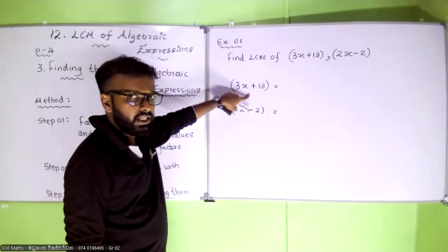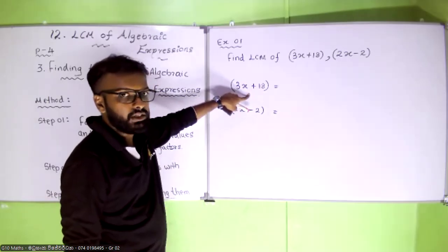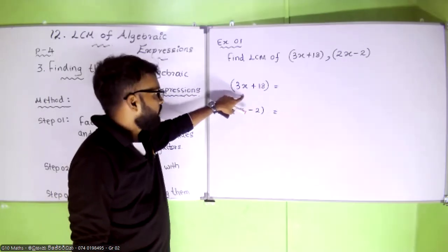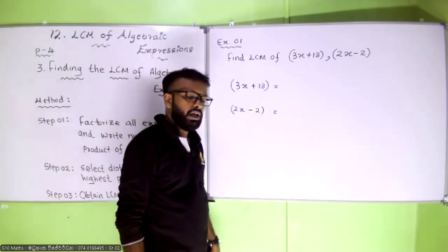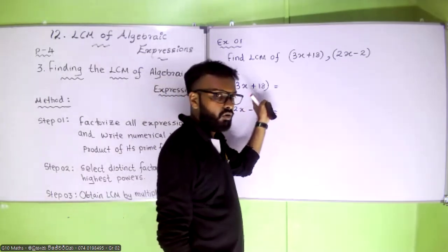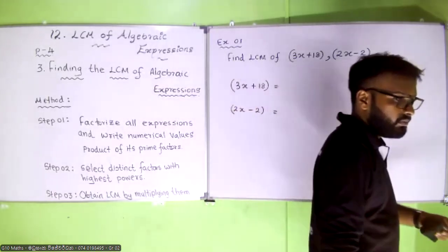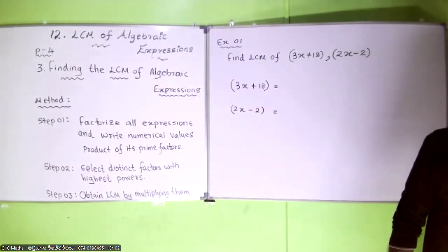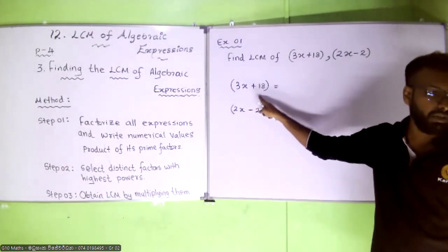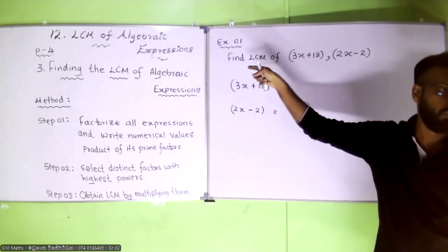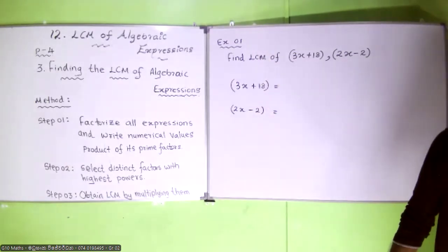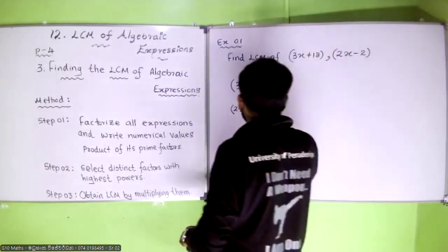You know how to do the factorization by using your knowledge on factors. 3 and 18. Can anyone tell me what is the common term that you can take out from this bracket? Is it positive 3 or negative 3? Positive 3. Positive, super.